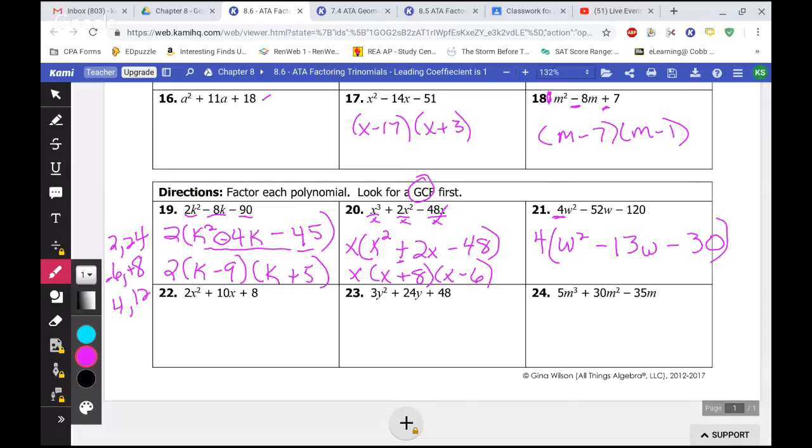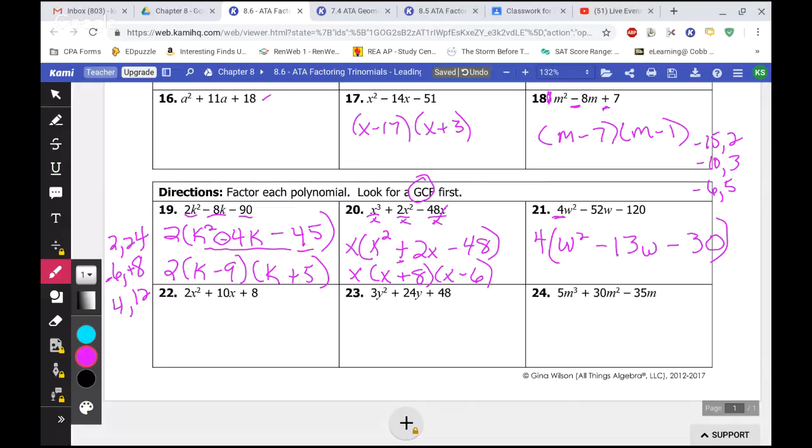The bigger one is going to have to be negative, so negative 10 and 3 gives me a negative 7. That one doesn't work, so I need to keep looking. 6 and 5 definitely doesn't work because that would give me a negative 1. How about negative 15 and 2?